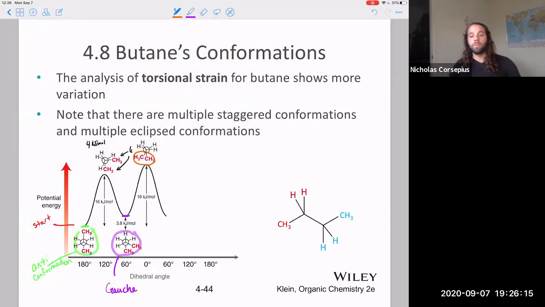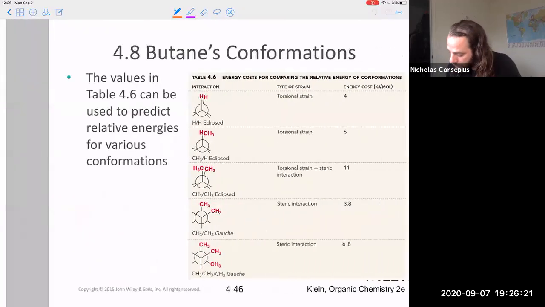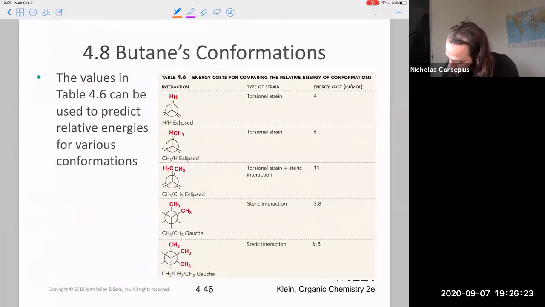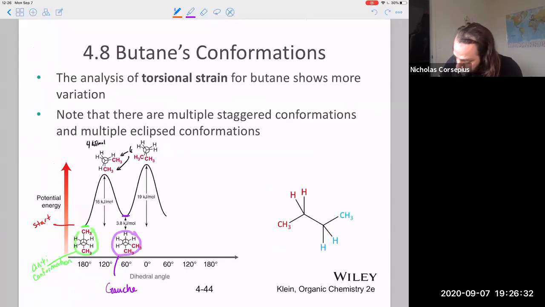Right? Before, in propane, the only thing you had was an eclipsed methyl hydrogen. Now we have an eclipsed methyl-methyl. This is all tabulated on this table here. You can see that an eclipsed methyl-methyl has a penalty cost of 11 kilojoules per mole. And that's going to be in addition to all of these hydrogen-hydrogen eclipsed penalties, which come at 4 kilojoules per mole. So that's how we get to 19 here.